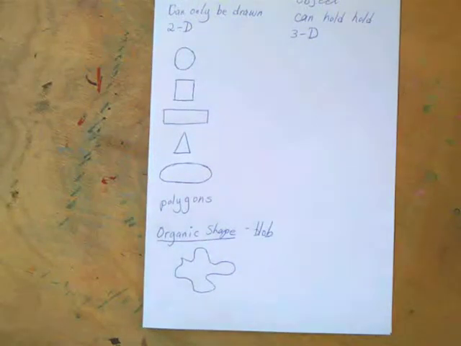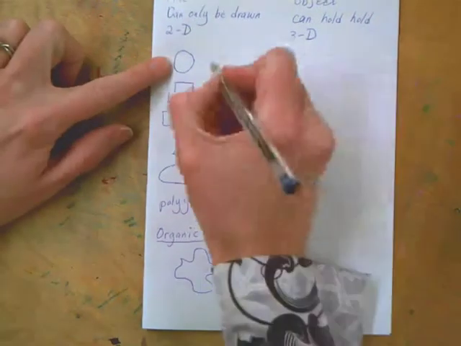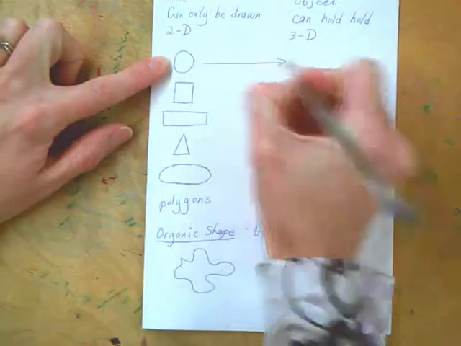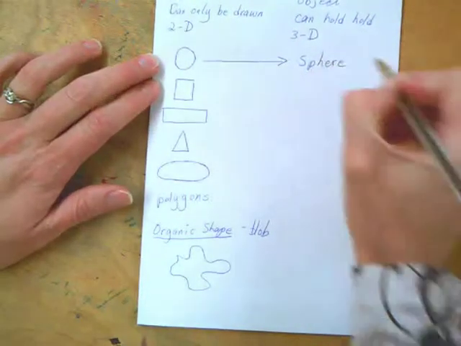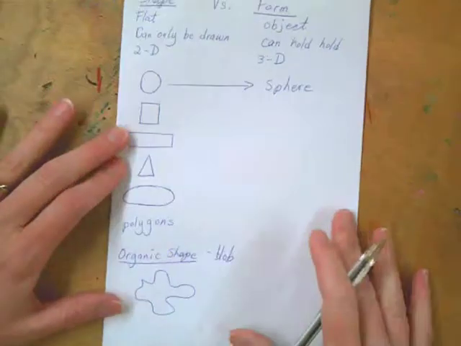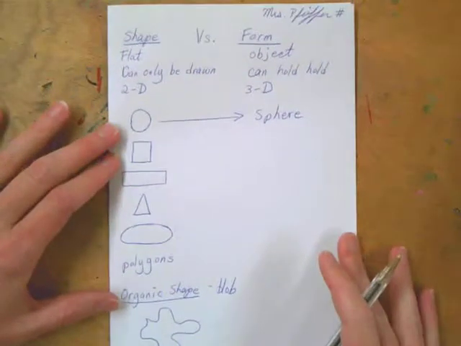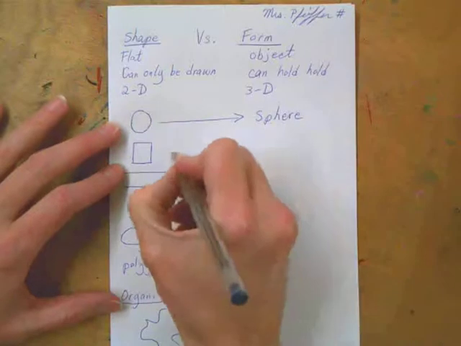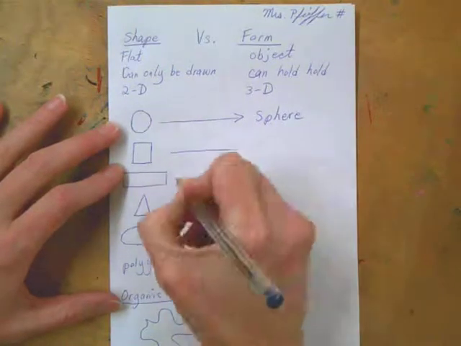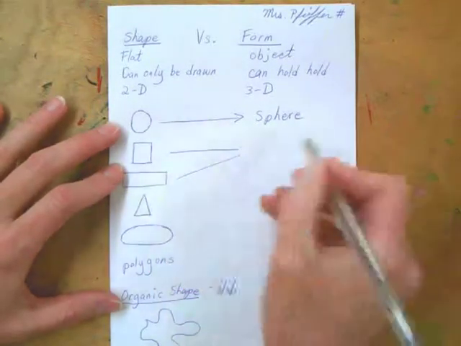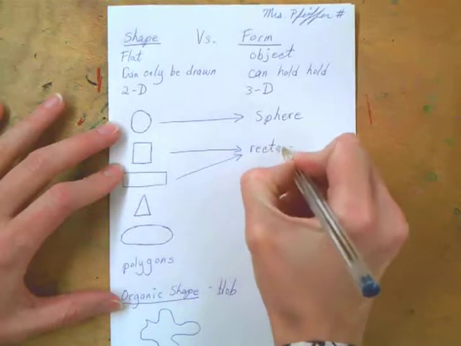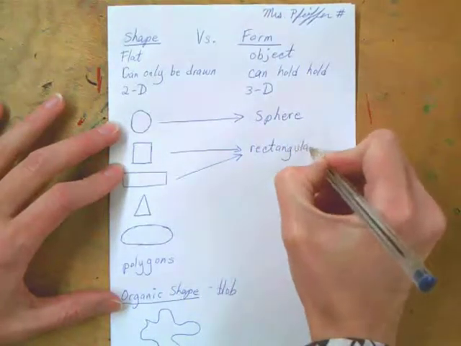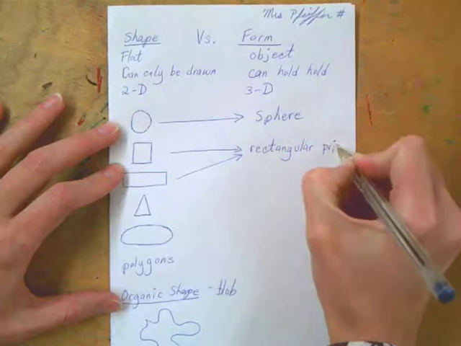Now, we're going to list what they become in form. A circle becomes a sphere in form. A square and a rectangle become rectangular prisms. A cube is a rectangular prism.